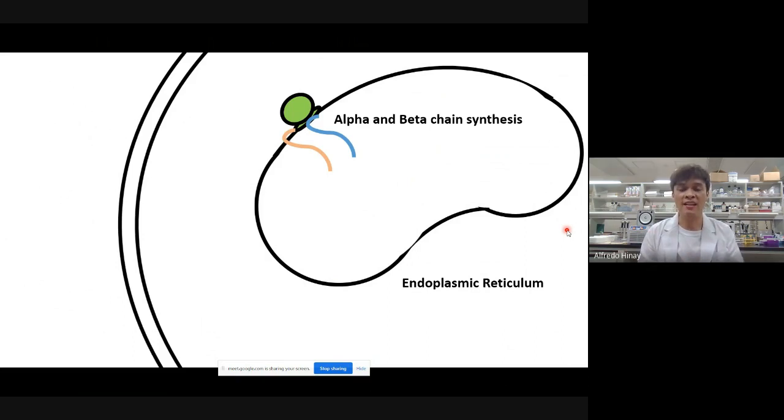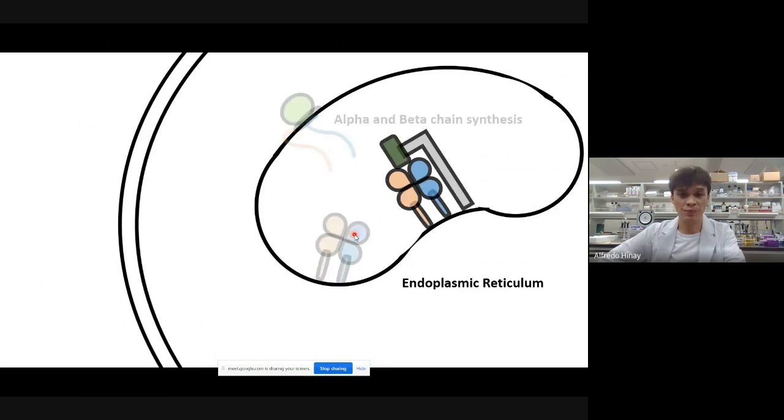That is why we have calnexin that will support your alpha chains. But in the case of your class 2, your ribosome will simultaneously produce your alpha and your beta chain. So this is how it looks: you have your alpha 1, alpha 2, beta 1, and beta 2.